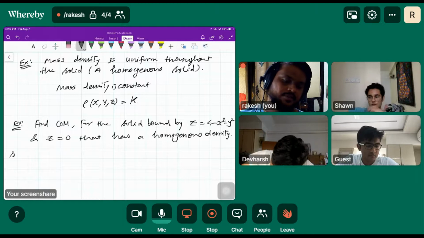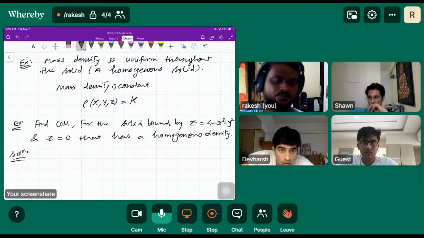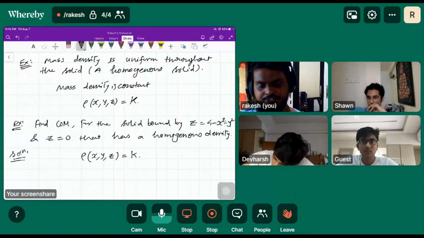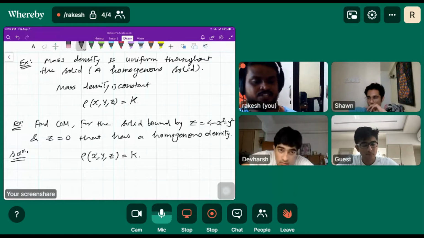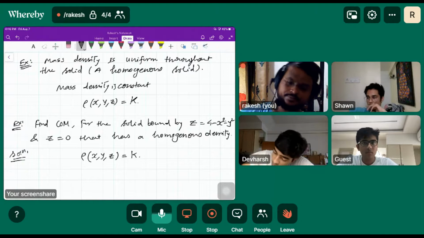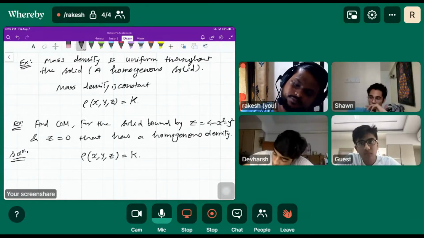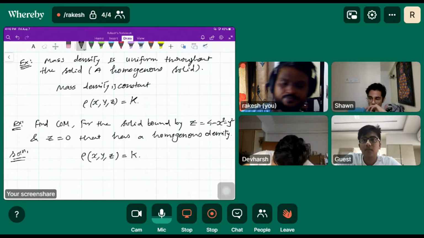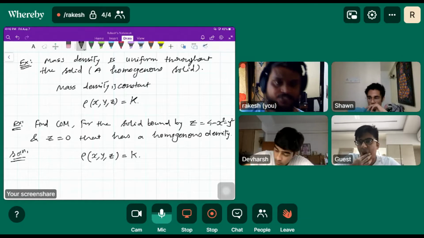Homogeneous density means rho of x, y, z has to be constant. Now please set up this triple integral. Let me know the setup, and find out the center of mass if you can. Set it up properly.